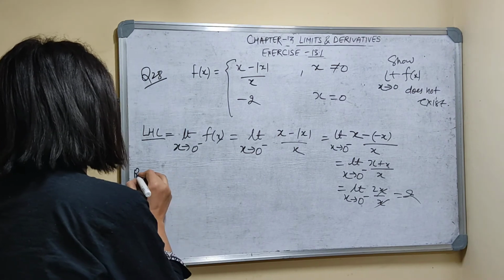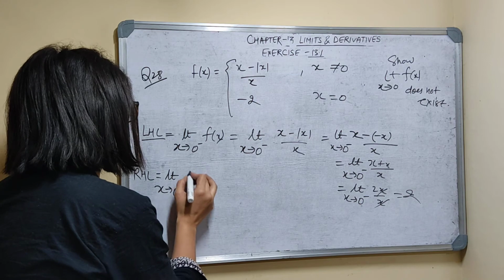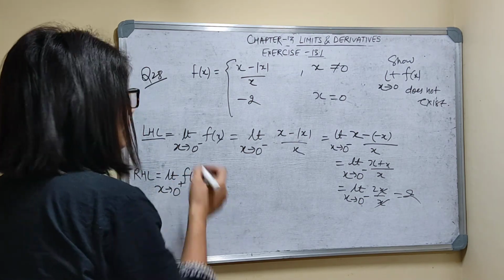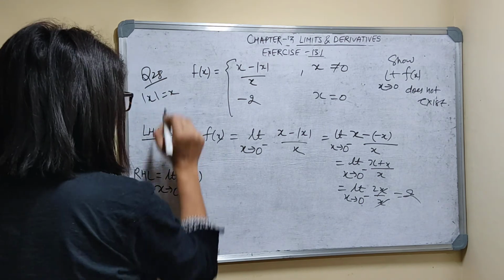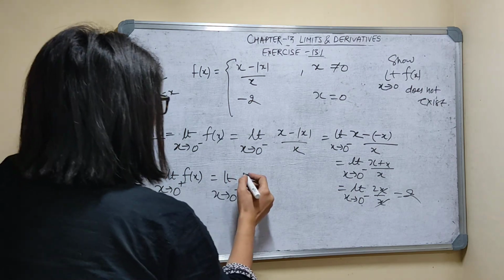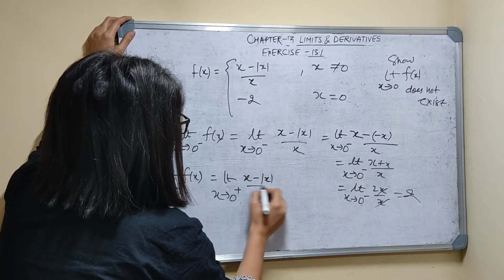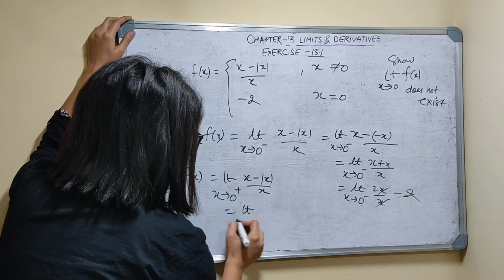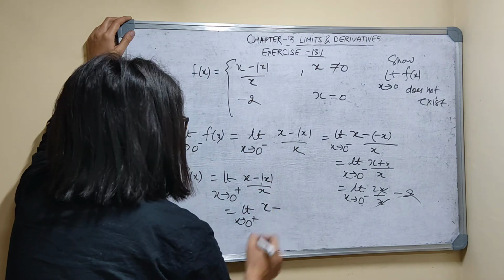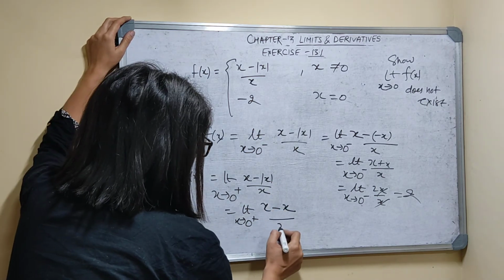Now right hand limit will be what? Limit of x tends to 0 plus f of x. 0 plus means x value is greater than 0. Then mod of x is equal to what? X. So I can write limit of x tends to 0 plus f of x, that is x minus mod of x upon x. So limit of x tends to 0 plus x minus mod of x is equal to what? X upon x.